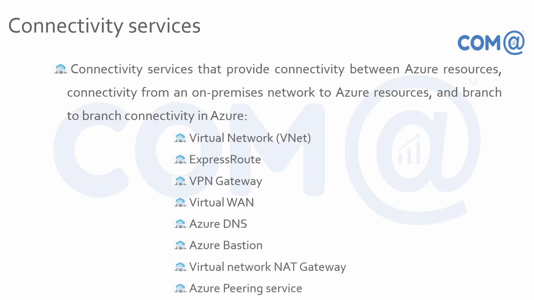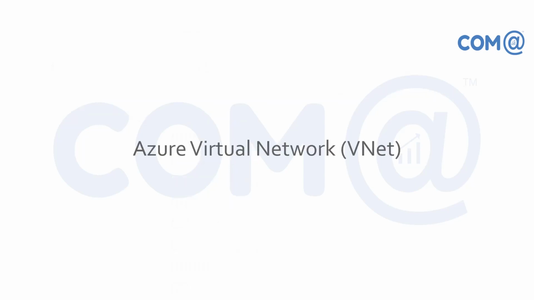For this connectivity, Azure uses many services, which include Azure Virtual Network, ExpressRoute, VPN Gateway, Virtual WAN, Azure DNS, Azure Bastion, Virtual Network NAT Gateway, and Azure Peering Service. Out of all these services, initially we'll understand Azure Virtual Network.